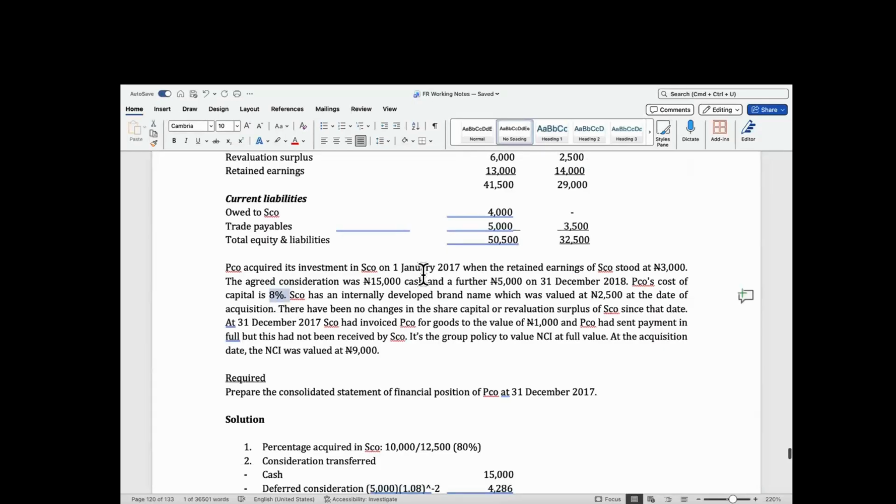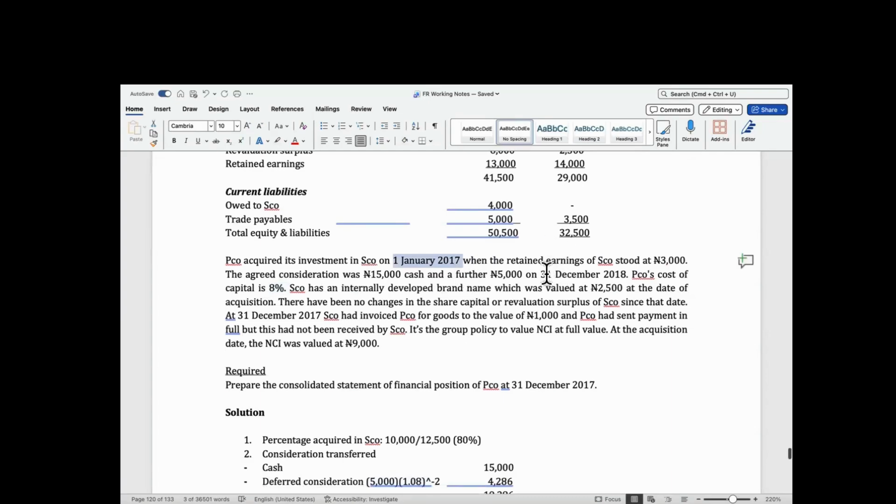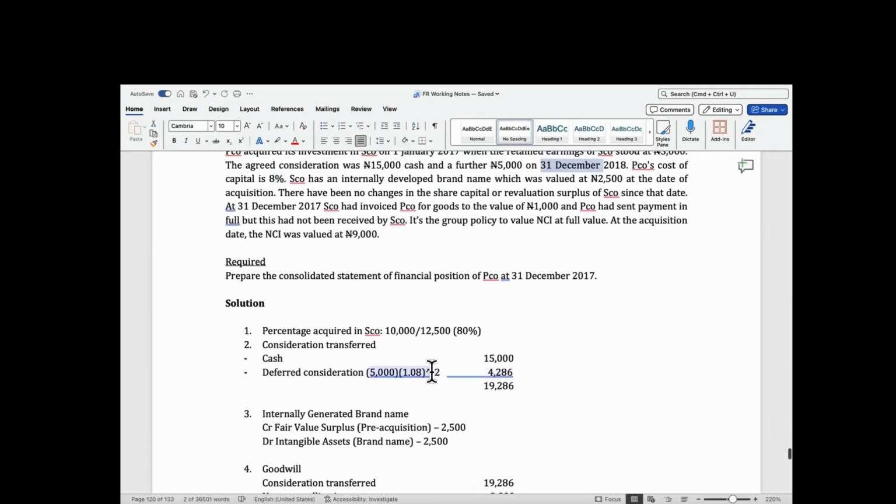The 2, I made the promise of payment at the date of acquisition, which is 1st of January 2017. I said I'm going to pay in 2018. Within those periods is 2 years, 2017, 2018. That's where I got this 2 from. If I do the math on my calculator, the present value is 4,286. If I add it to this 15,000, I get 19,286.